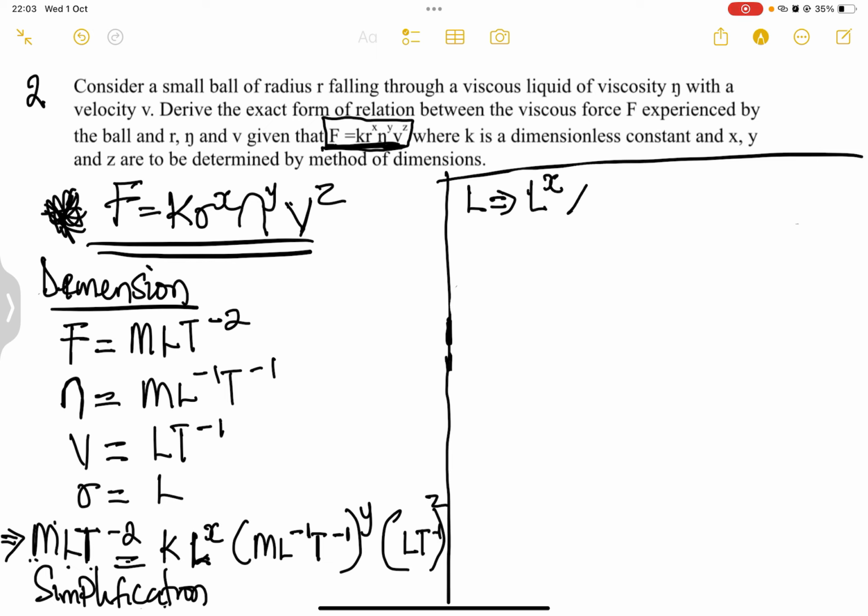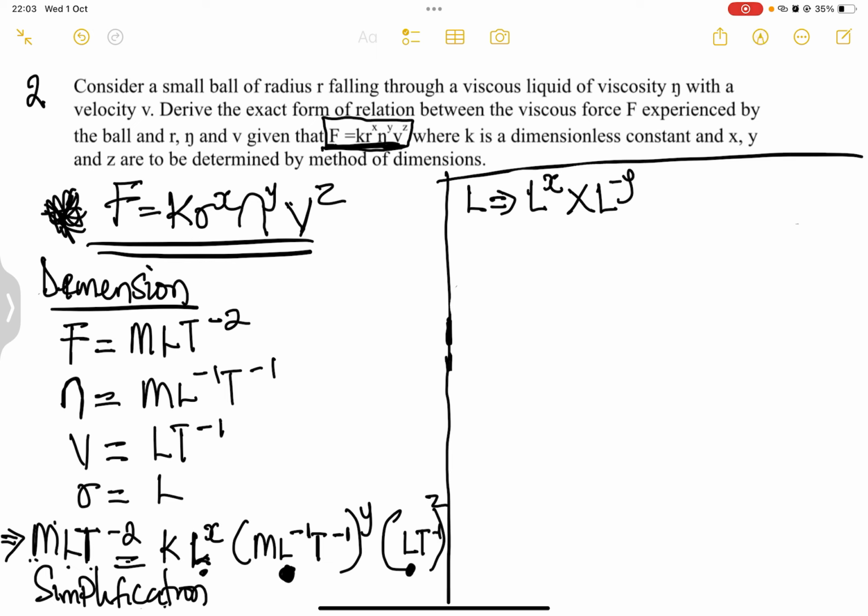We have L raised to power X, times, so this L will multiply this L, but this L has to do something. It has to multiply this first before it will come and deal with this one right here. Let's do that real quick. This L raised to power minus 1 times Y will result to L raised to power minus Y. So that's what we'll have. Let's deal with this L now.